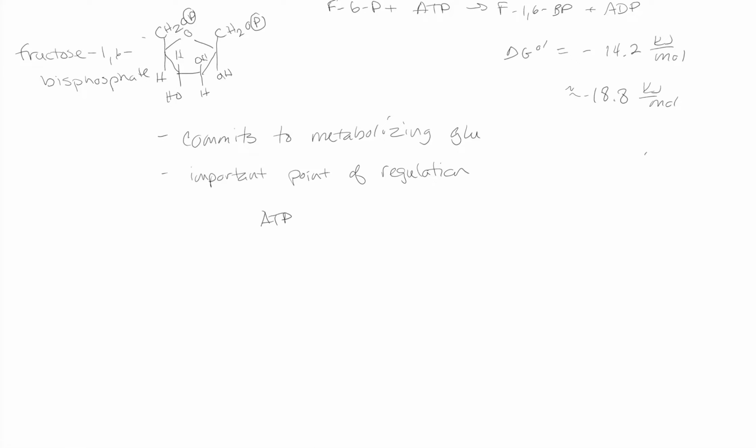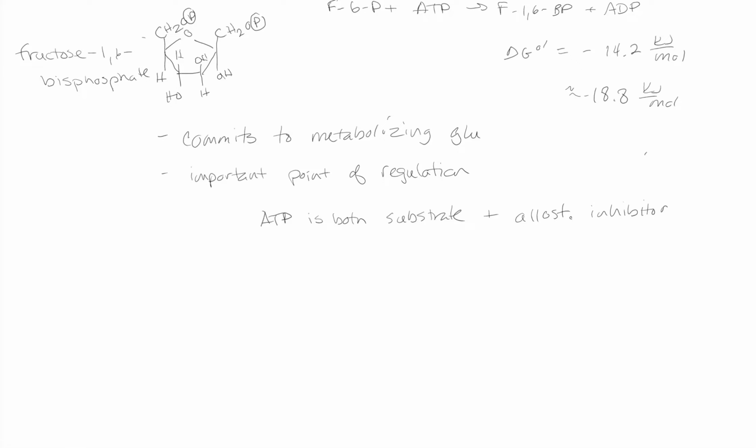So ATP is both a substrate and allosteric inhibitor. Therefore, phosphofructokinase has two distinct binding sites for ATP. It has a high affinity substrate binding site and a low affinity regulatory site.